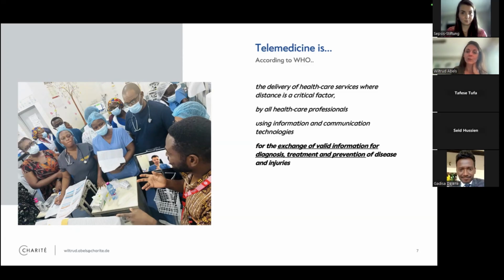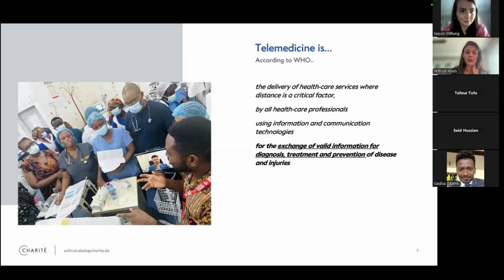So in our case, when we started building our approach, we changed this part of the sentence to a little bit of a different phrasing. And we are in the STAIRS project using telemedicine for the exchange of valid information for early diagnosis, timely treatment, and prevention of sepsis, including the exchange of recommendations provided by a remote specialist from a referral center.